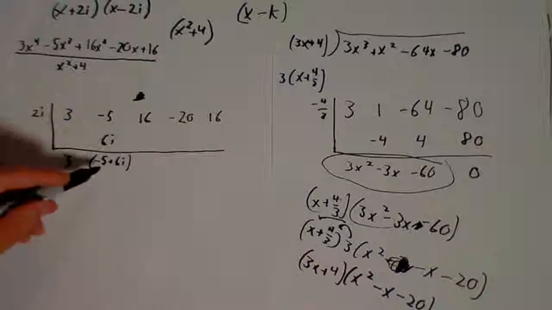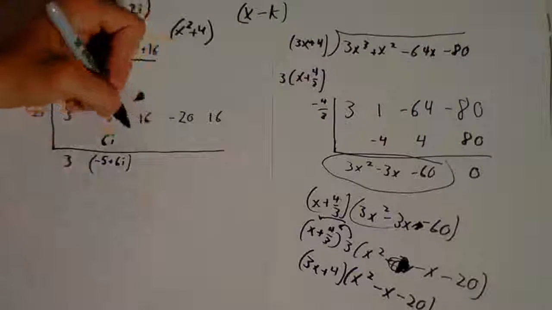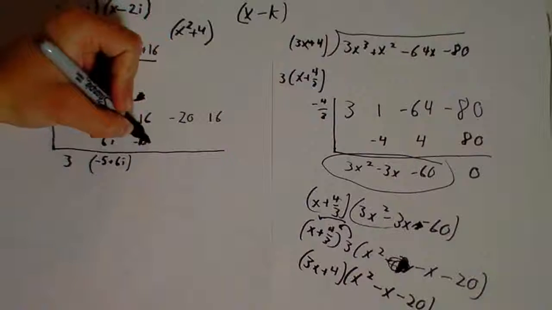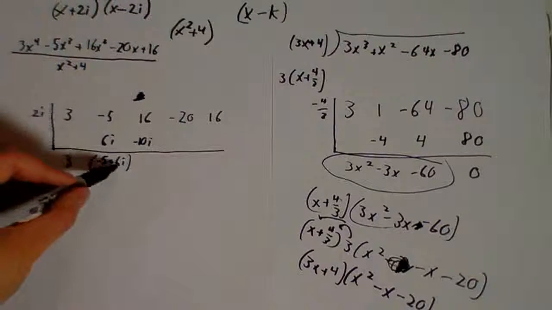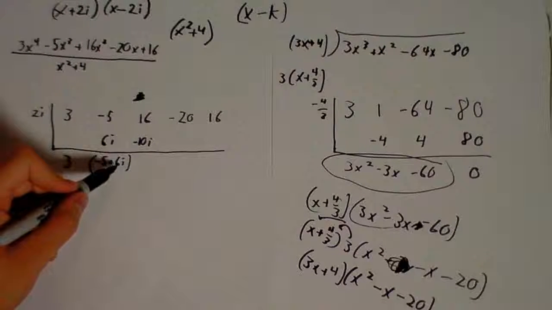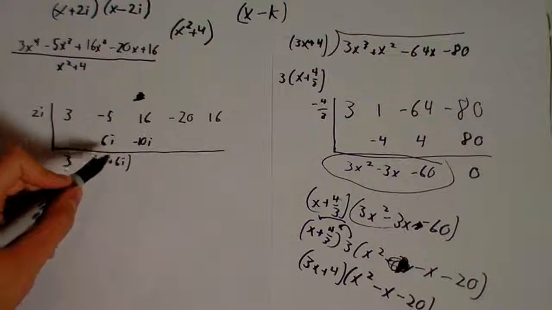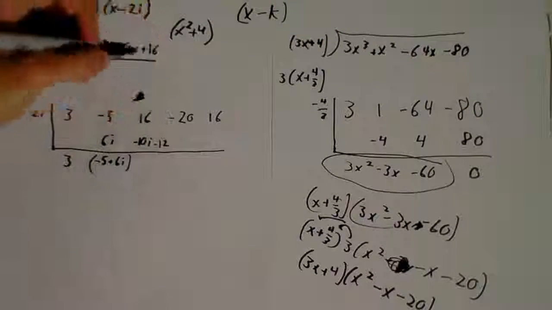Now, 2i times negative 5 plus 6i is going to be negative 10i plus, let's see, what's 2i times 6i? 2i times 6i is going to be 12i squared, which is 12 times negative 1, or negative 12. So negative 10i minus 12.